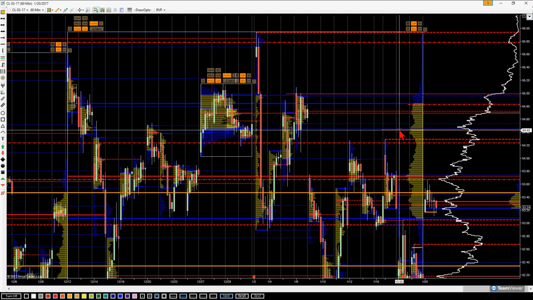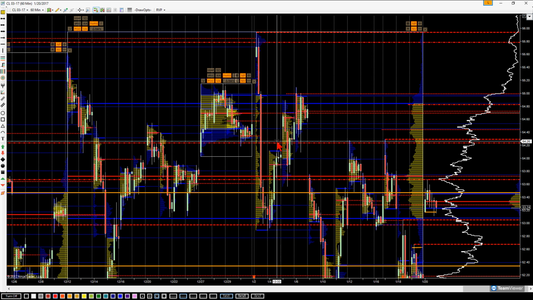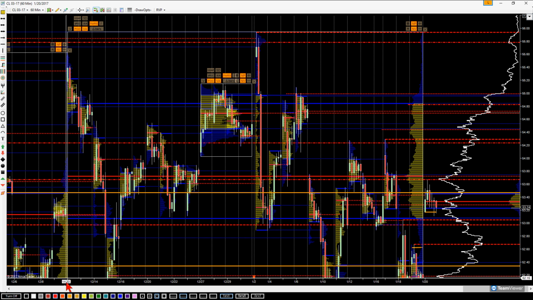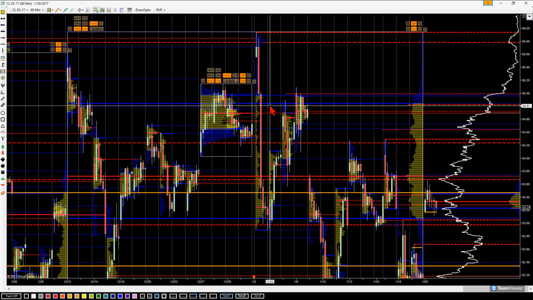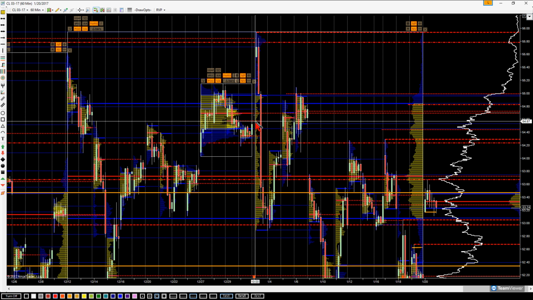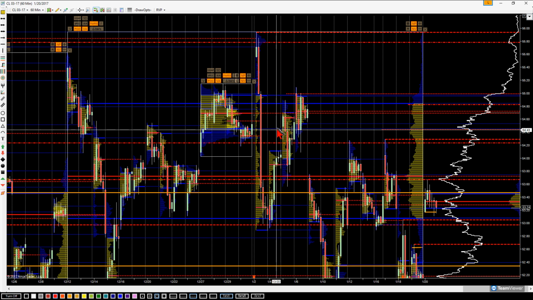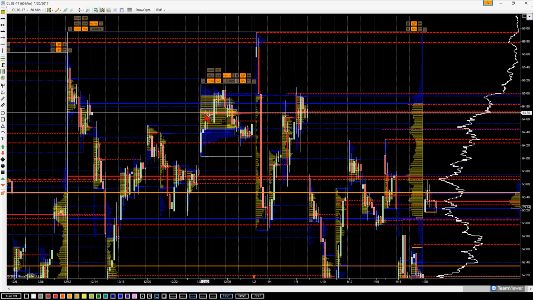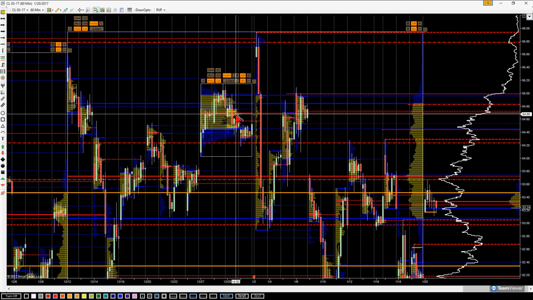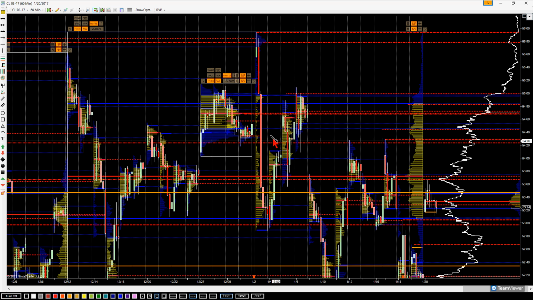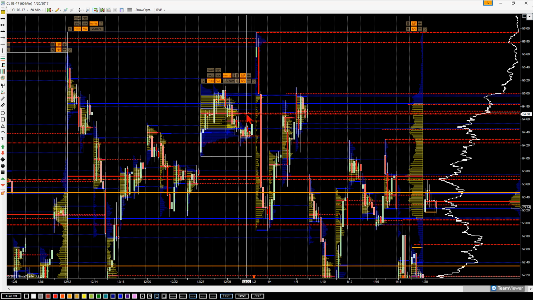I really don't want to redo all this homework, but if I see more and more of these lines for some reason being out of place, we might have to, just to make sure that this information is accurate. So what I'm going to do now is draw a microcomposite VPOC, just from around here. Have that come straight across, and then adjust it to make it accurate.